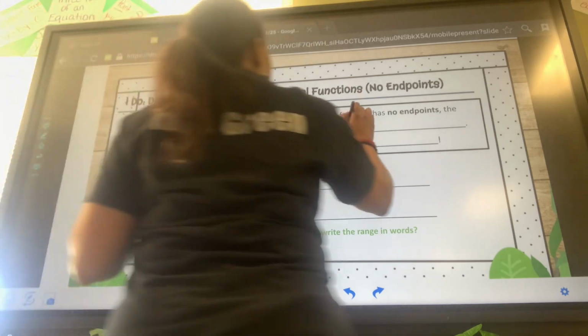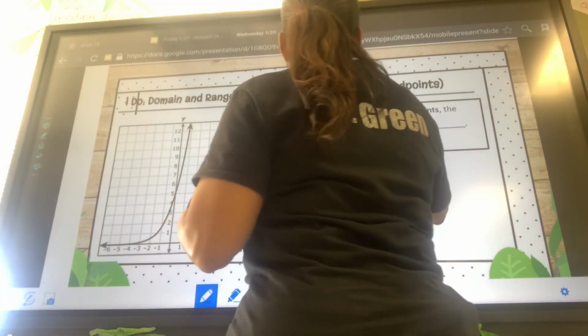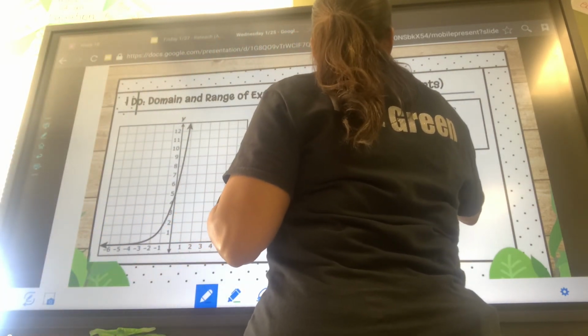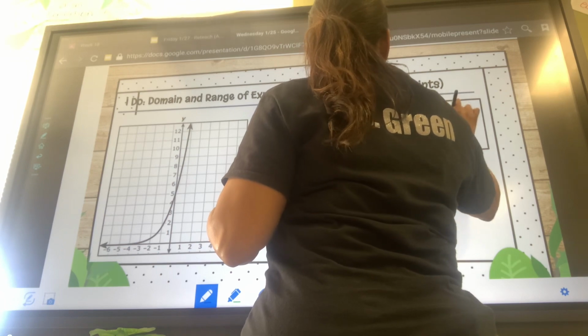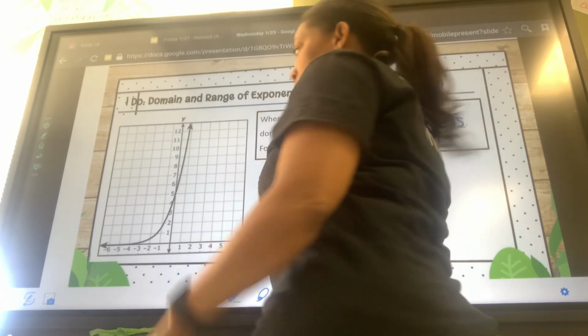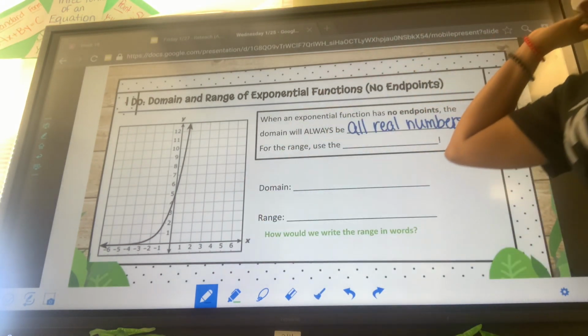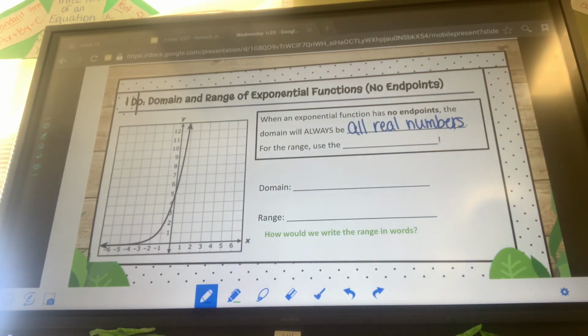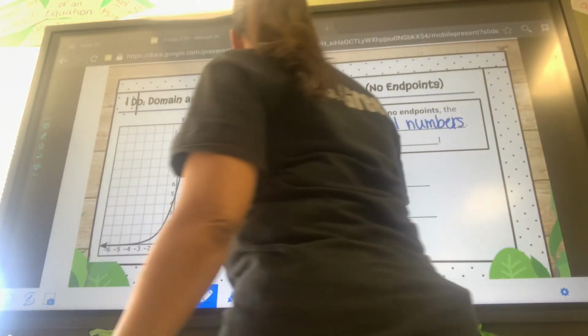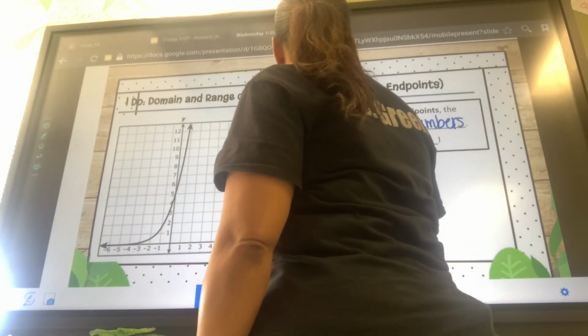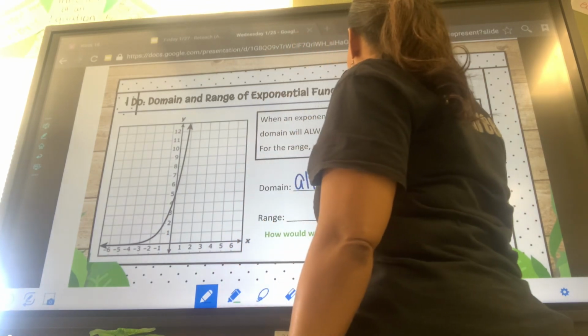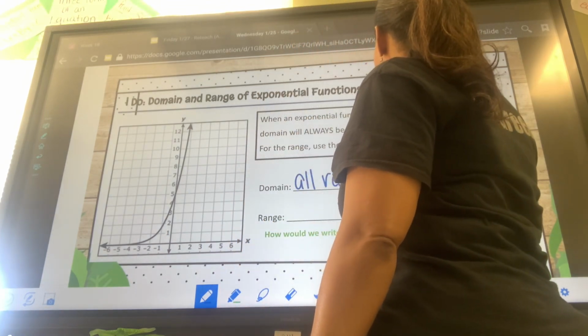So that means our domain is going to be all real numbers. It's going to keep getting all those numbers to the left, that's negative, and all those numbers to the right, that's positive. So anything can be the domain. Okay? So we might as well write this in. All real numbers is our domain.